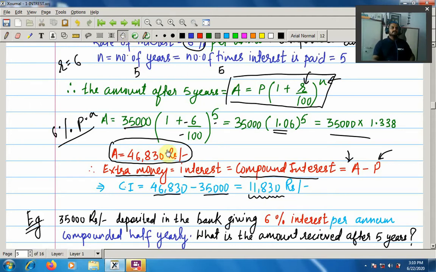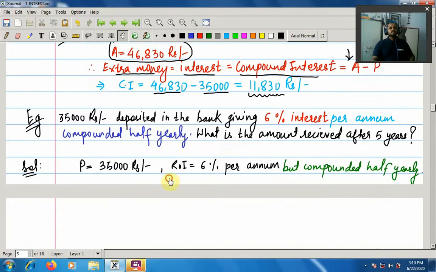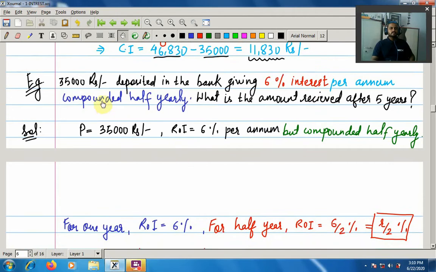Let's take one more example. So I think it's the same thing. 35,000 deposited in a bank, giving 6% per annum. Yeah, okay.